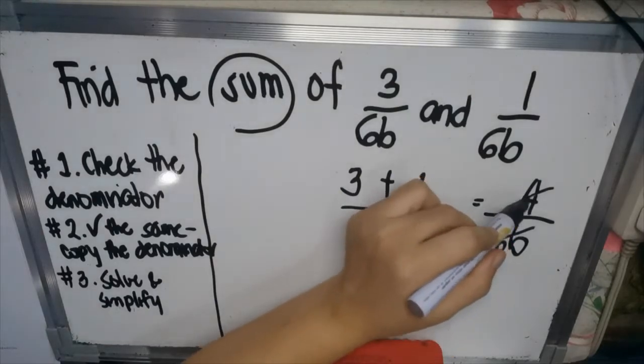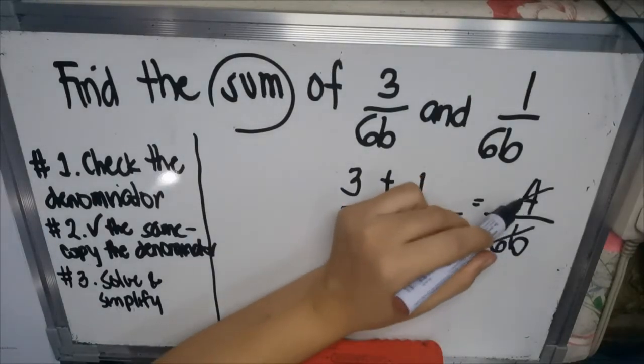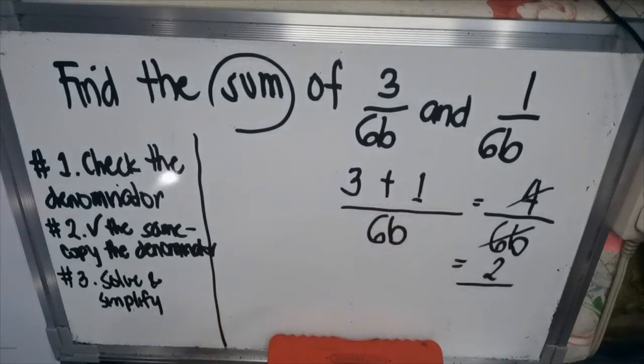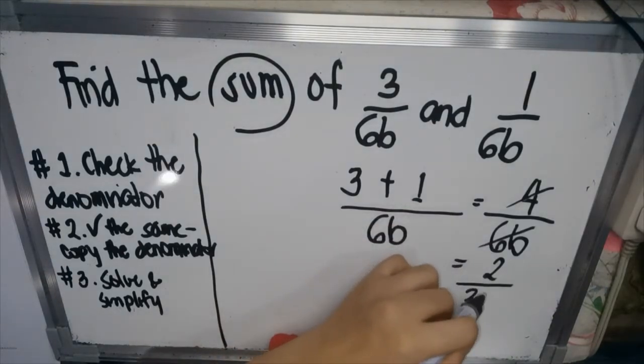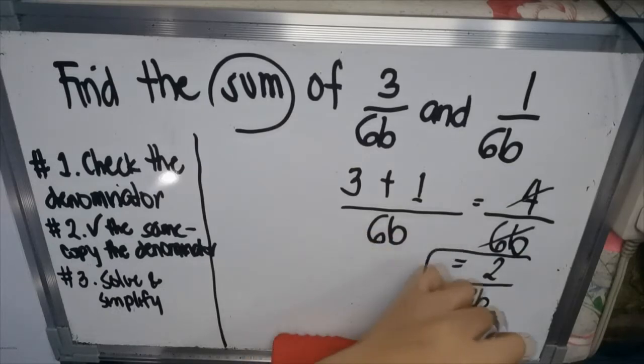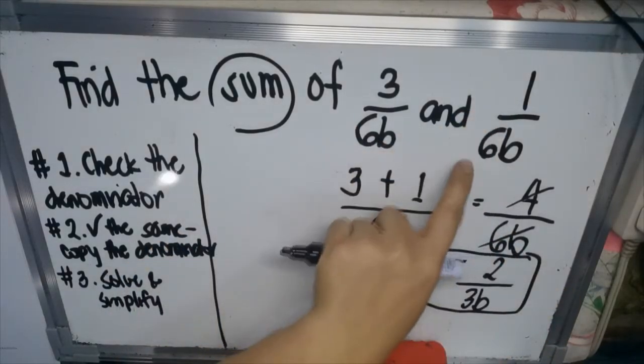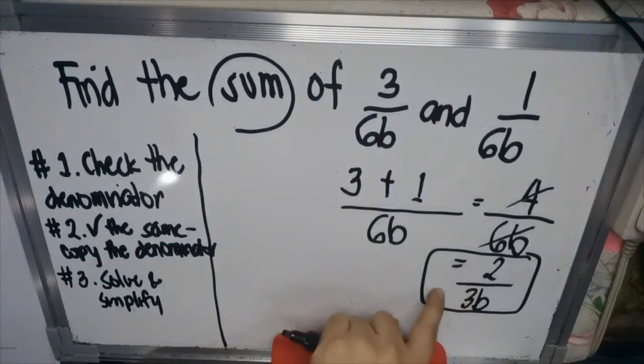Divisible yan parehas kay 2. So 4 divided by 2 is 2. 6b divided by 2 is 3b. So, therefore, the sum of 3 over 6b and 1 over 6b is 2 over 3b. Okay? Naiintindihan ba? So, that would be our first example.